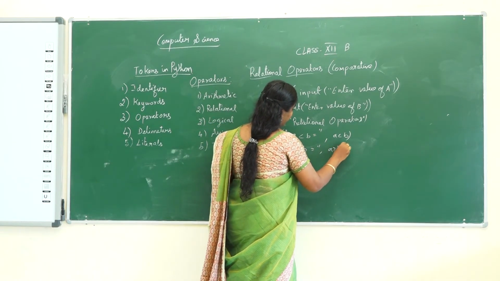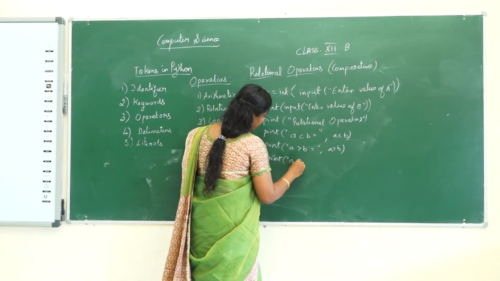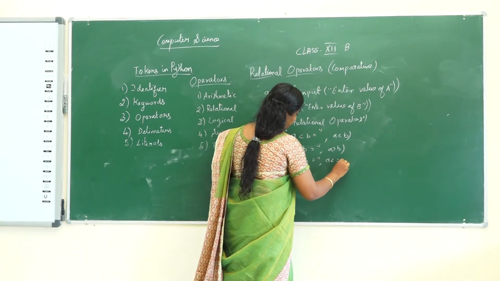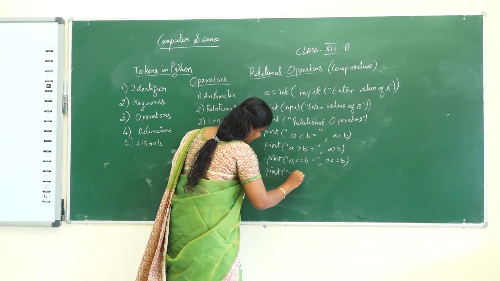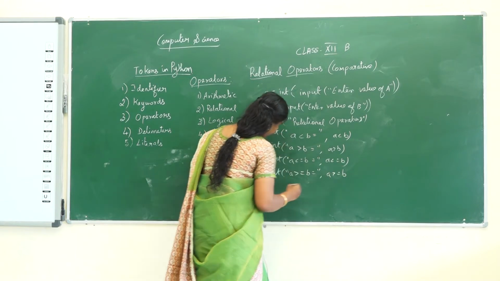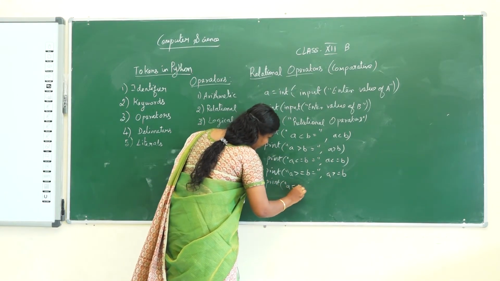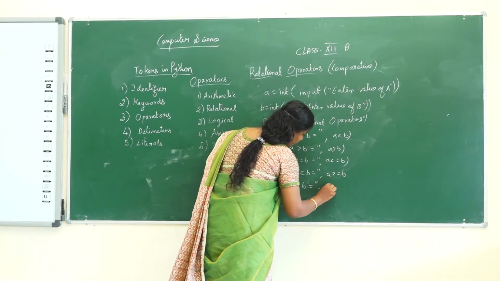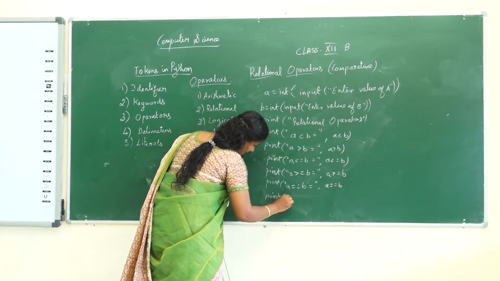So A greater than B. Now we will see A less than or equal to B, A greater than or equal to B, and next one A equal to B. When we are writing A equal to B, you must use double equal to, and next one not equal to.